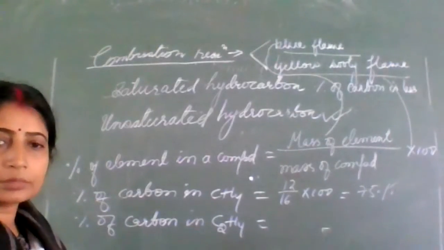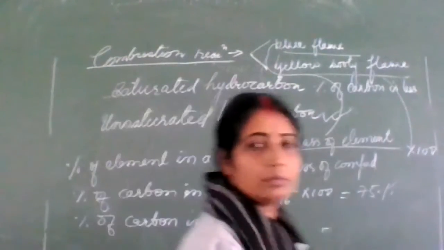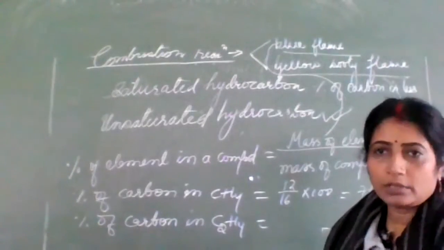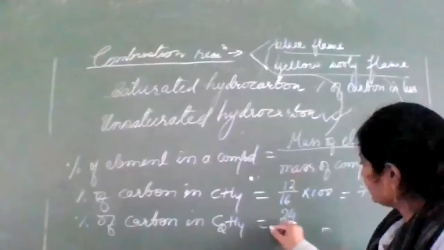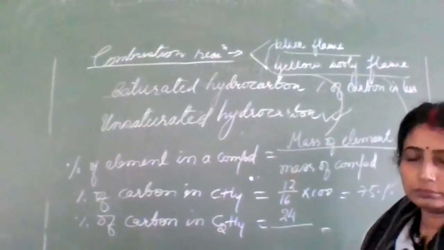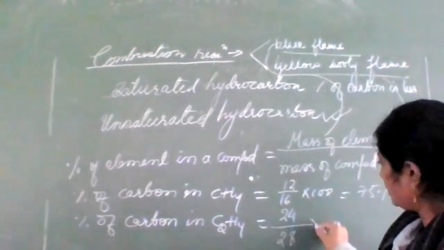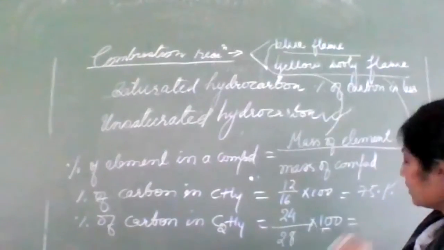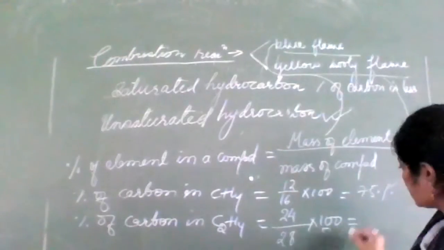What will be the mass of carbon? 24, divided by 28, into 100. So what is the percentage? 85.7%.